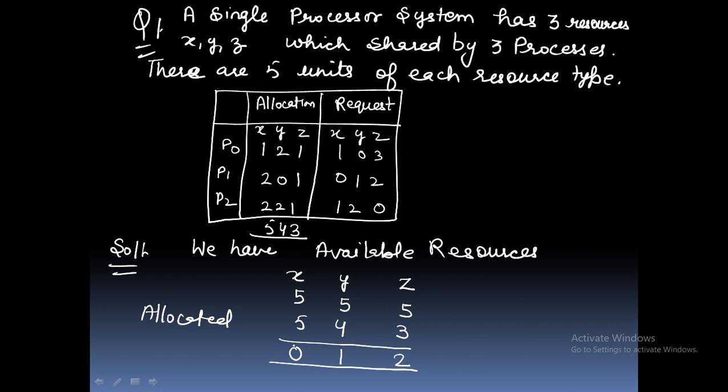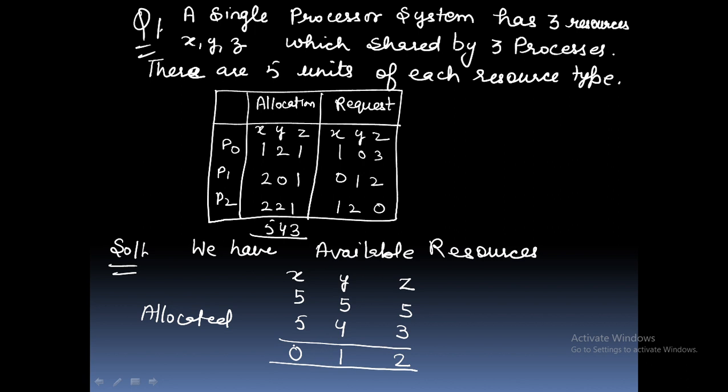Consider the following scenario where the column allocate denotes the number of units of each resource type allocated to each process. The column request denotes the number of units of each resource type requested by a process in order to complete execution. Which of these processes will finish last? We have to find who will finish last.